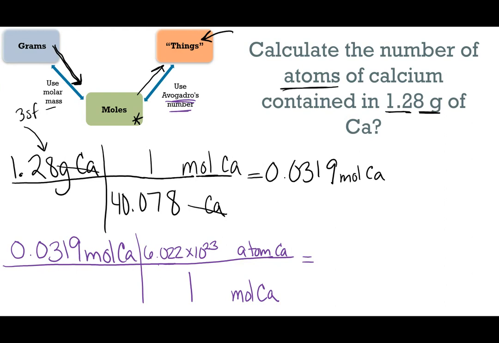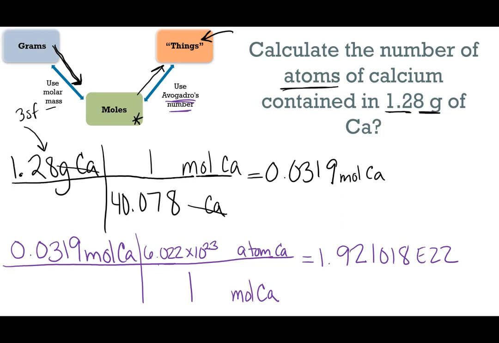So I've got 0.0319 times 6.022 times 10 to the 23rd. And I get 1.921018 E22. Okay.